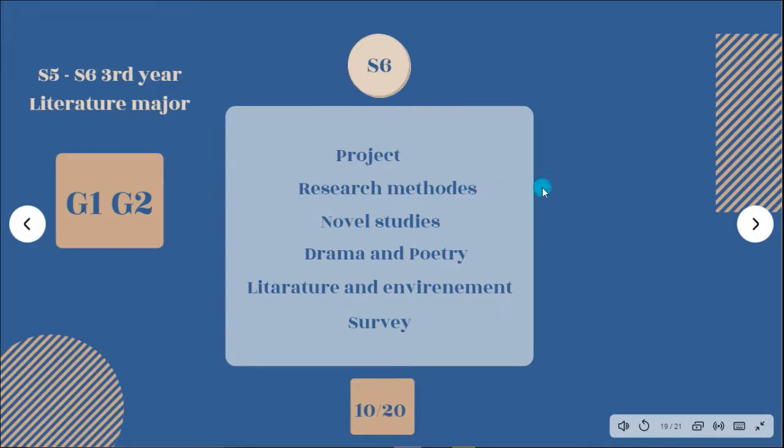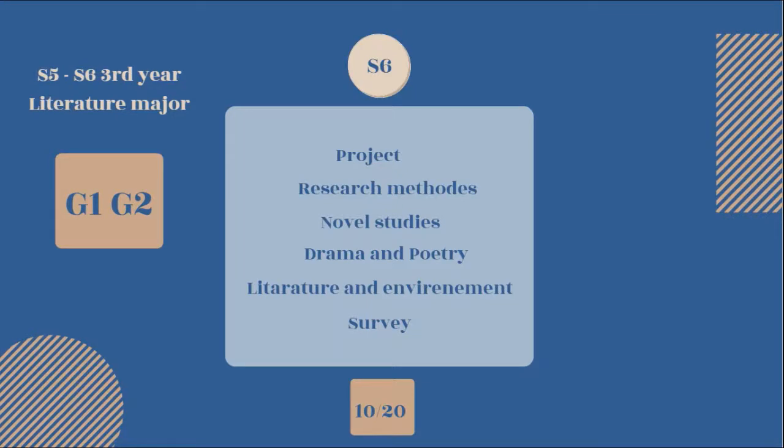It will be just a 10. The same goes for novel studies, drama and poetry, literature and environment, and survey. And as I said previously, the project is like all modules. It is on 20, and if you get 10 out of 20, you will pass.